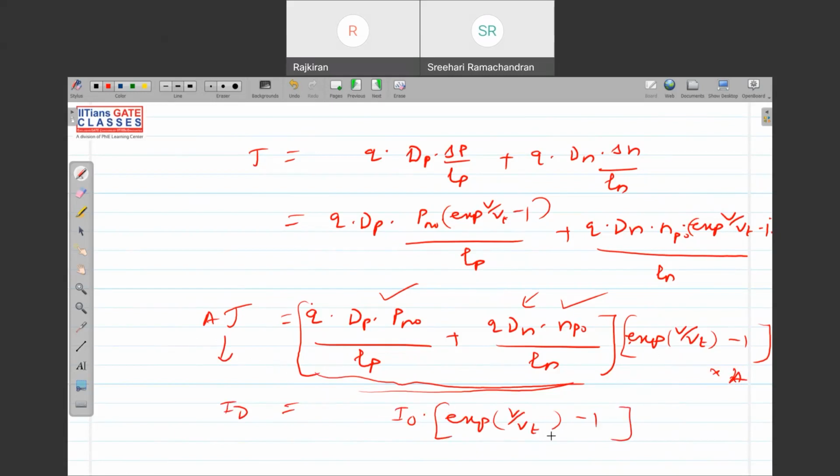So what is I0? I0 is this one multiplied by area.